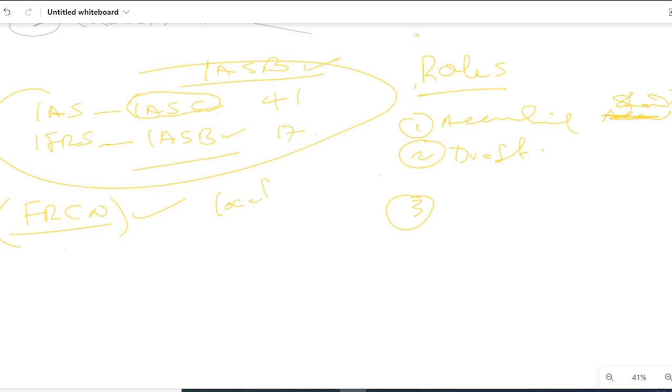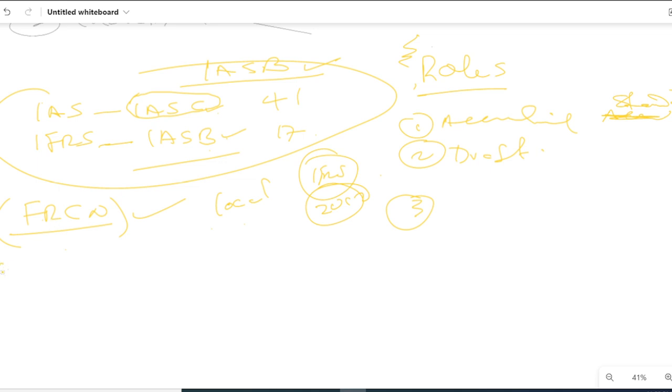We have, this is international, then this is local. They are the standards used in Nigeria, but as at now, Nigeria has adopted IFRS. Nigeria has adopted this IFRS since 2012.